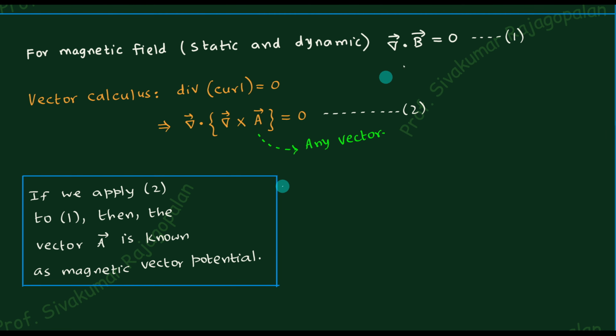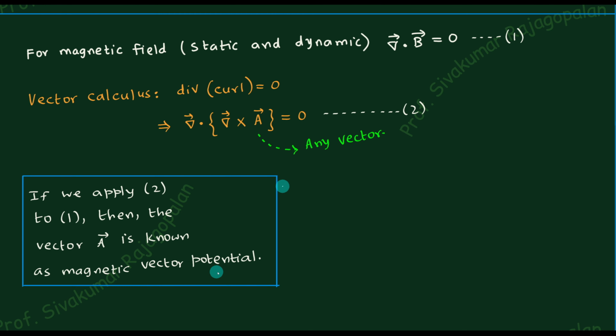If we apply this equation to our physical situation, then our conclusion is that B can be written as equal to del cross A. In our physical situation, we will call the vector capital A the magnetic vector potential.